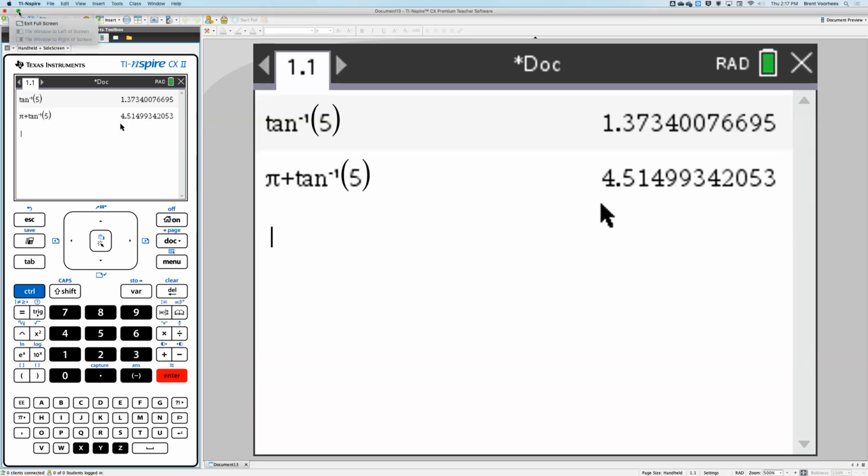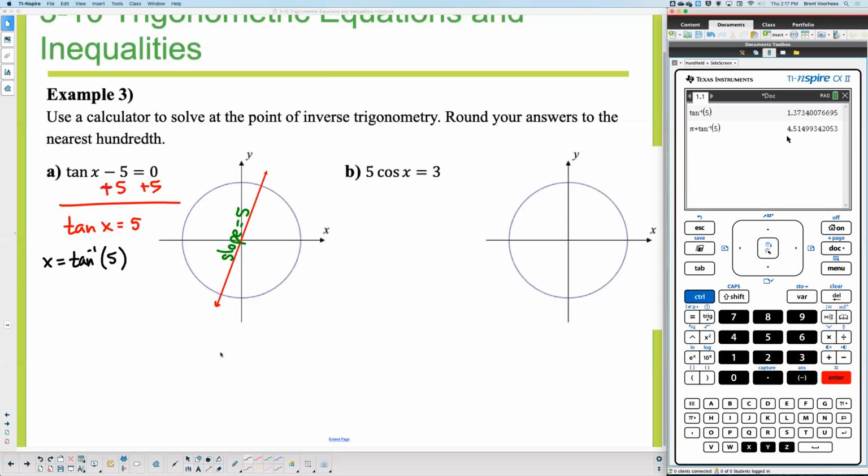So let me go back now over here, and we're going to write out the values. I want to remind you, what is a radian anyways? That number that's coming out of the calculator, that's telling you, as a percentage of the radius, that is 1.37 radiuses. That length right here to this point, if you went around the circumference of the circle, that right there is 1.37.